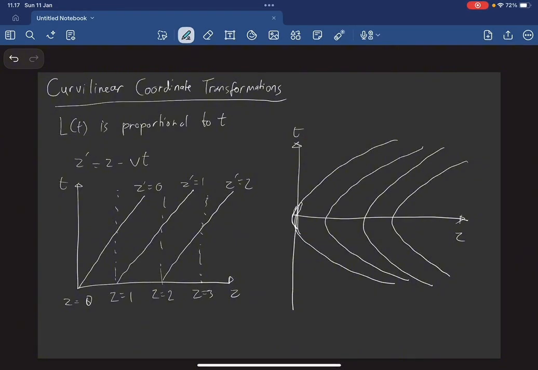This one is Z equals 0, 1, 2, and Z equals 3, while this one is Z prime equals 0, Z prime equals 1, Z prime equals 2, and Z prime equals 3.